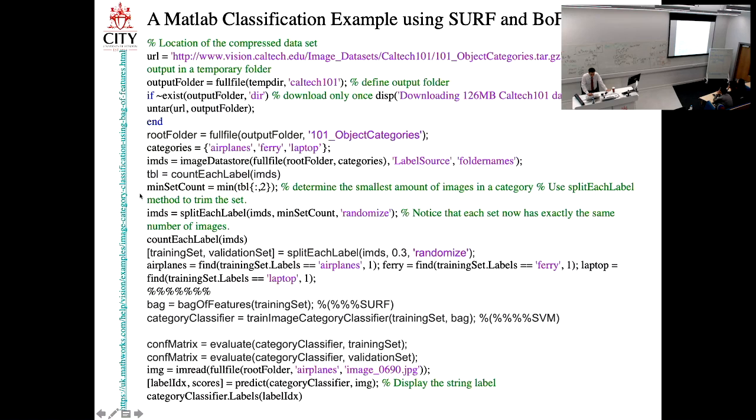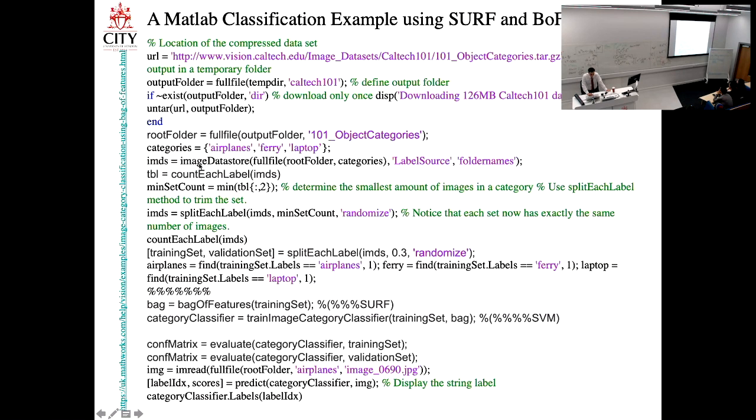This bit, all here, up to here, is just preparing training and test sets. So it says if I don't already have this folder, download it, save it here. Now this is my root folder, and now these are the categories that I'm interested in. So this example is looking at airplanes, ferry, laptop, for example.